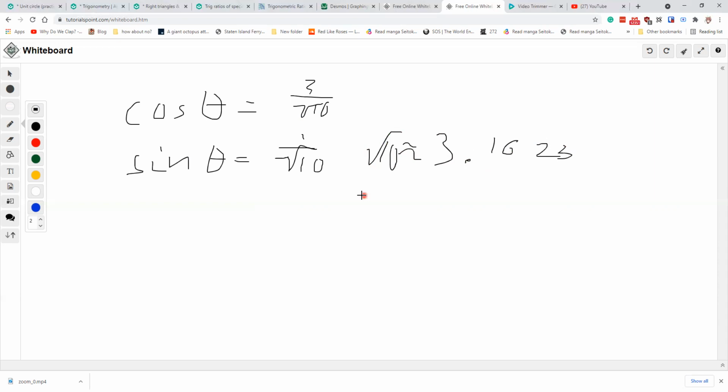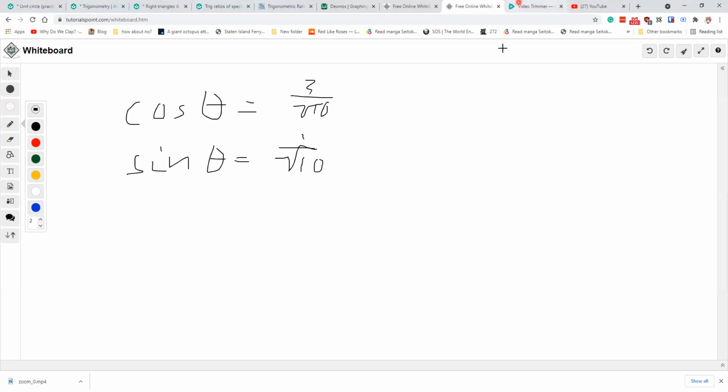That is the type of information people could find back in the day with lookup tables instead of calculators. And the problem is that dividing by a number like 3.1623 is really awkward and kind of hard to do.